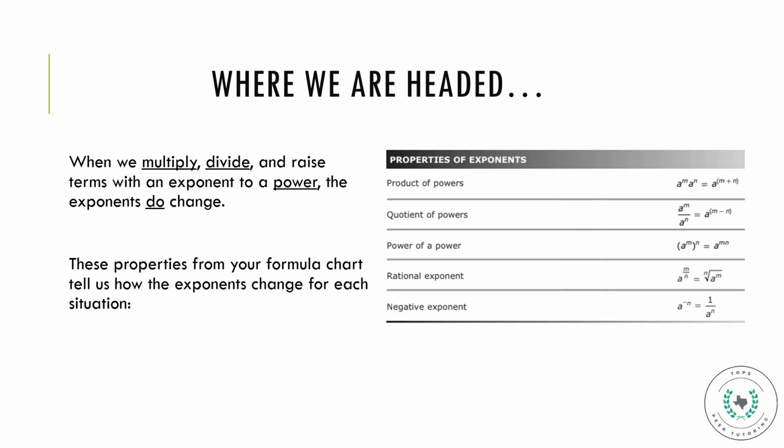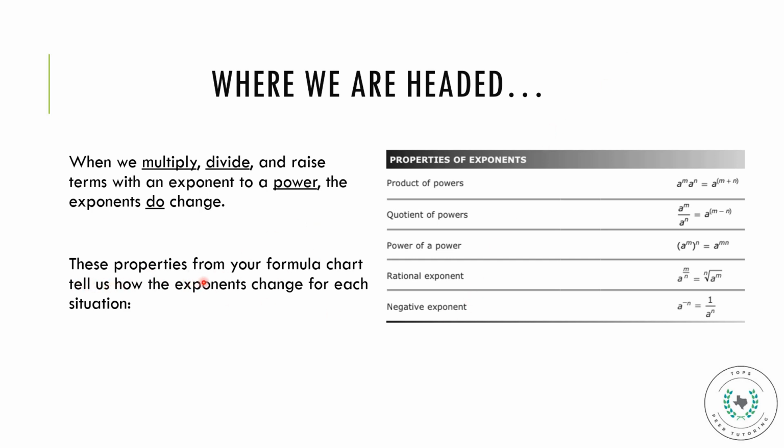But now we're multiplying and dividing exponents, along with some other things. But in this video, we're only going to be talking about multiplying them. When you do these processes, the exponents are going to change. Okay?